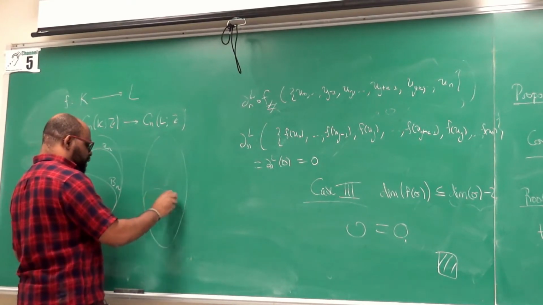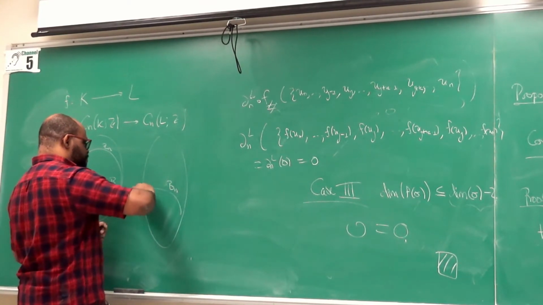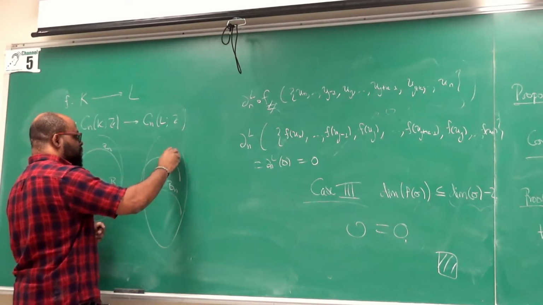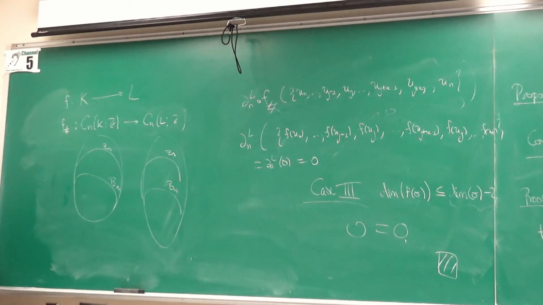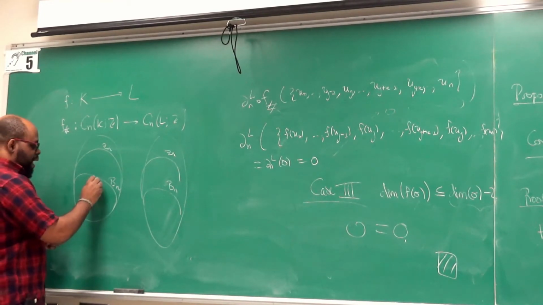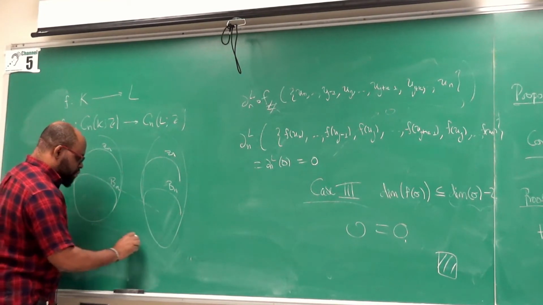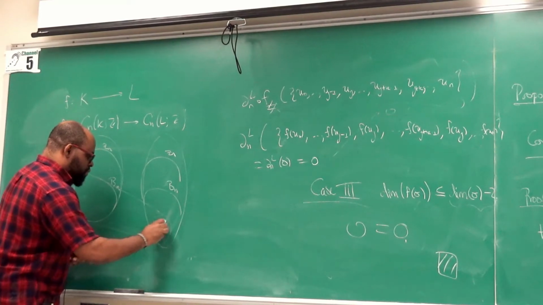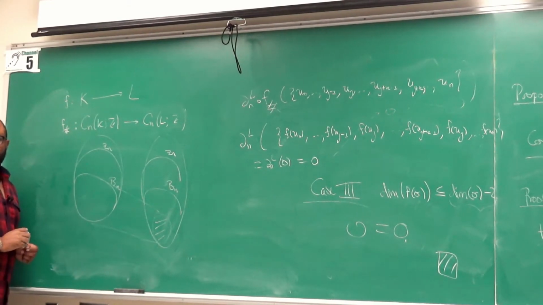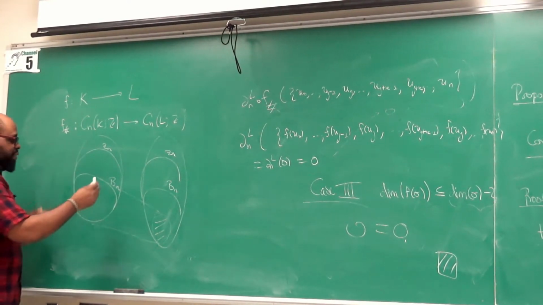And here you have the boundaries, and here you have the cycles, but in L. What we've shown is that the sharp is going to send boundaries to boundaries, and it's going to send cycles to cycles.